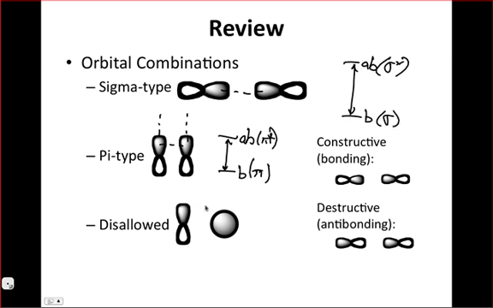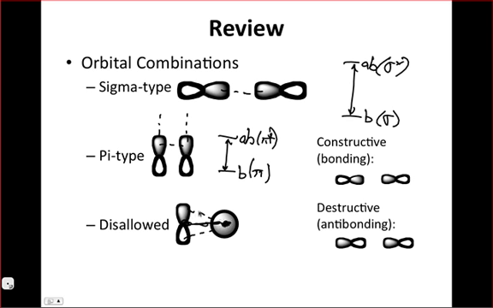Finally, we looked at disallowed combinations, which are involved when there's equal parts constructive and destructive overlap as two orbitals combine. So disallowed combinations apply when, for instance, we bring a 2s orbital close to either a 2py or a 2pz. Both of these are perpendicular to the internuclear axis, which would be this axis here.